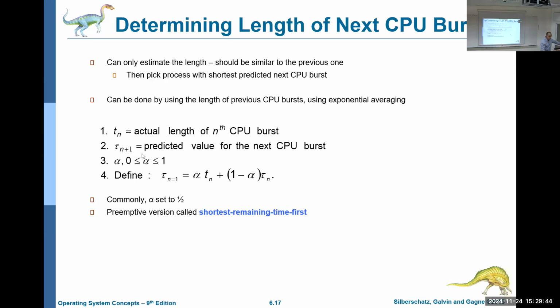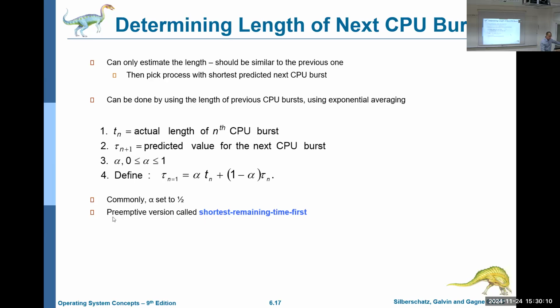The alpha could be a half, which makes life easier, but we could weight it in different ways. If the alpha is, let's say, 80%, 0.8, what would that mean? It would mean we'd give a lot of weight to the current burst, and we give very little weight to all previous events.